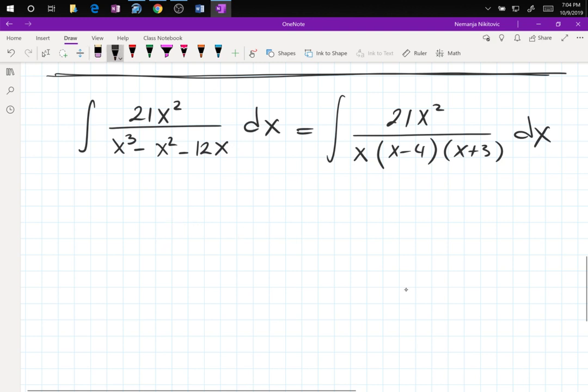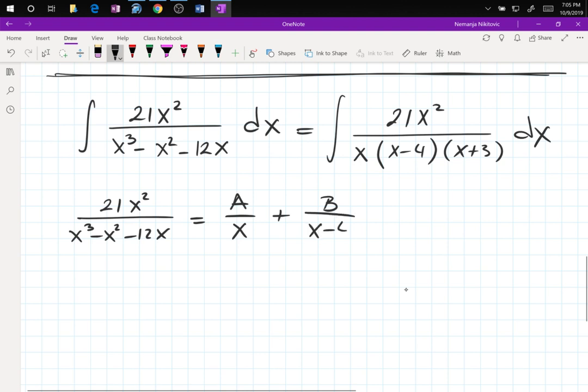For the setup, well, we're just doing the algebra part now, so no more integrals. I'm doing the 21x squared over x cubed minus x squared minus 12x is equal to A over x. Because x is linear, you can think of it as x plus 0. Still linear, right? Falls under number 1. x minus 4, also linear, so plus B over x minus 4.